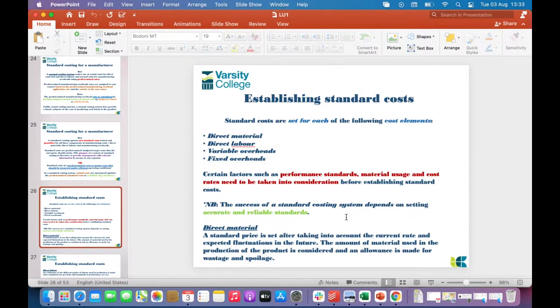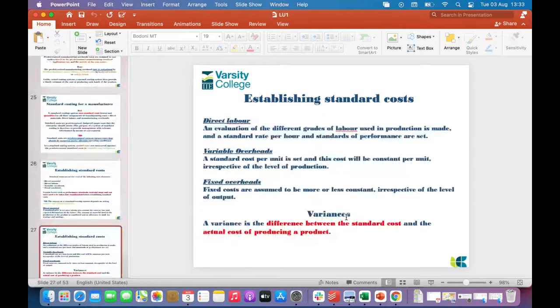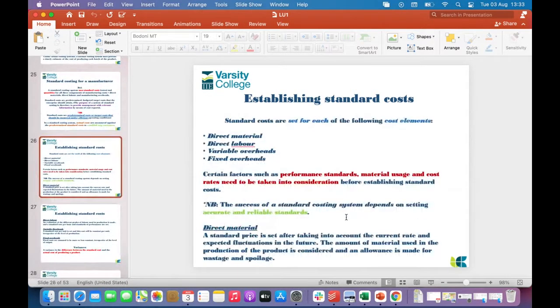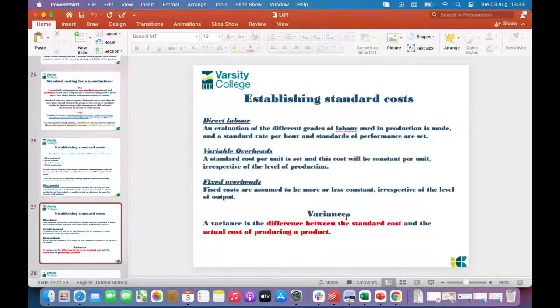Then we have, now here they're just talking about direct materials. That's the actual materials used to produce the product. Then they're talking about direct labor, the actual labor to sew the Nike shoe together. Then they're talking about variable overheads.